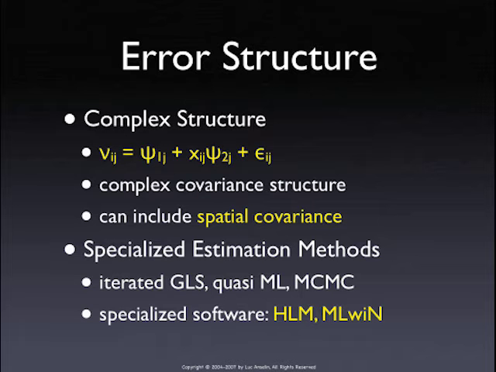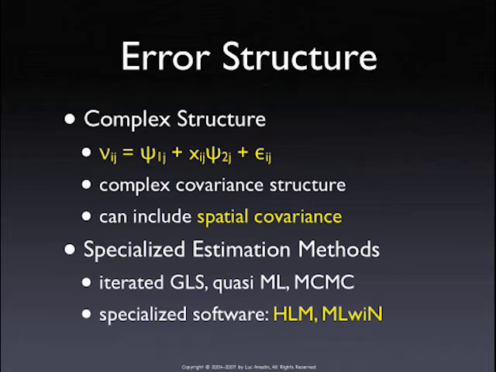Now, how do we estimate these? It is a problem of a non-spherical variance-covariance matrix, so immediately we think feasible generalized least squares. As it turns out, it's not that easy because we need to estimate these variances and covariances from residuals. That's really the only information we have.